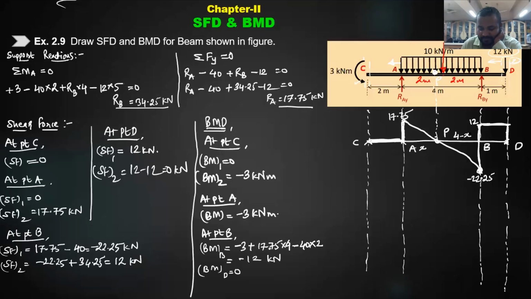How will you calculate x? x upon 17.75, location of point P, equal to 4 minus x upon 22.25.